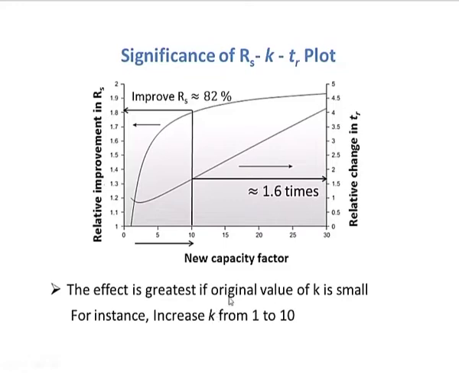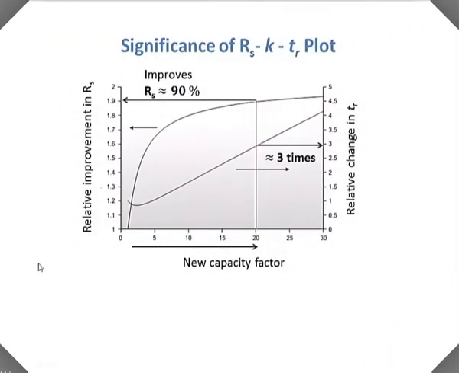If we could generalize, the effect of capacity factor is greatest if the original value of capacity factor is small. For instance, it was 1 and it gets changed to 10. Now, let us assume that capacity factor is enhanced further to 20.